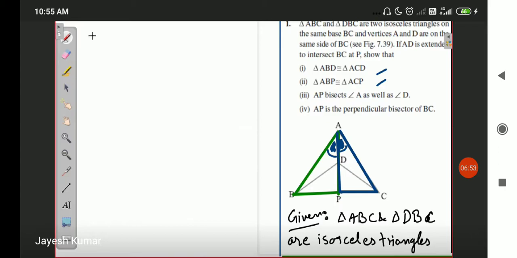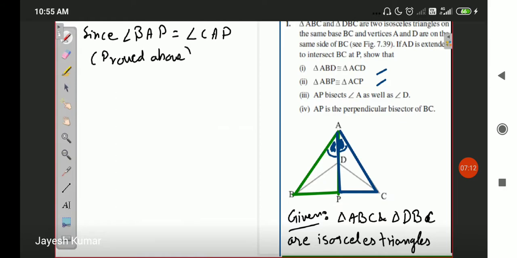So we have already said that since angle BAP and angle CAP are both equal, as proved above, AP is the bisector of angle A.